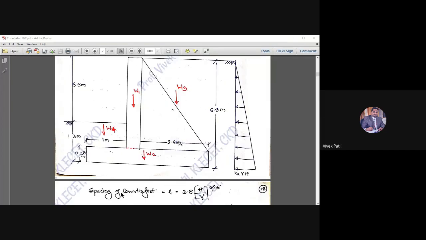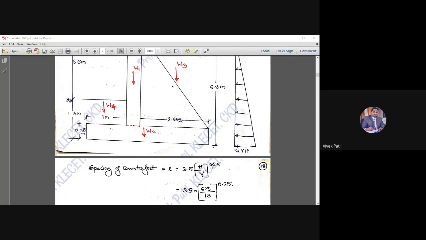So the spacing of the counterfort is given by L equal to 3.5 into h divided by gamma, the whole raised to 1 by 4, or 0.25. Here h is 6.8, gamma is 18. Just replace the values: 3.5 into 6.8 divided by 18, raised to 0.25.